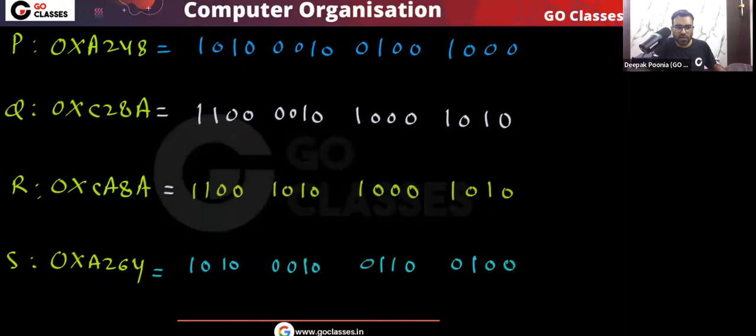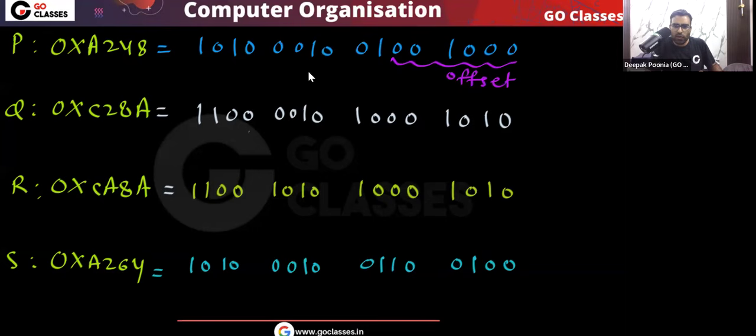Very simple. Now, we already know that P comma S belong to the same block. That is fine. But to which line will they map? We are talking about a direct mapped cache. In a direct mapped cache, every memory block will map to a unique line. So you can easily notice that the least significant 6 bits are offset.